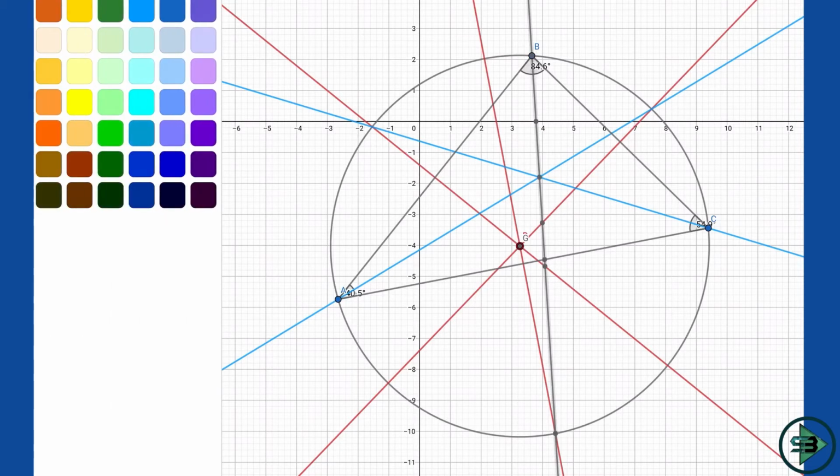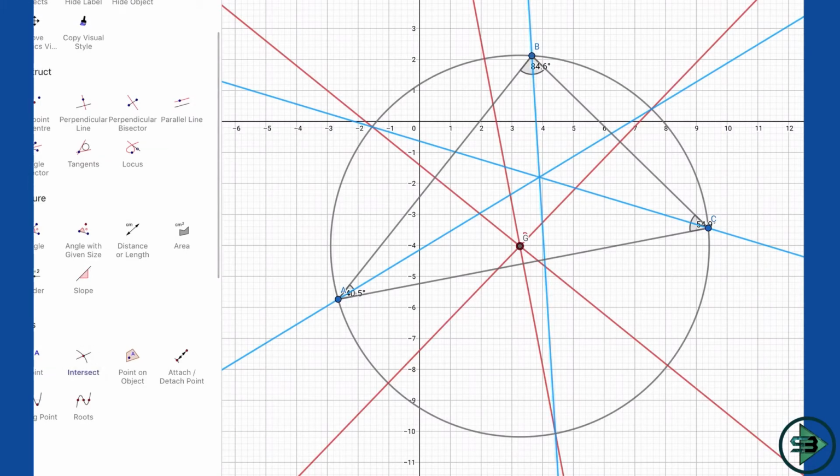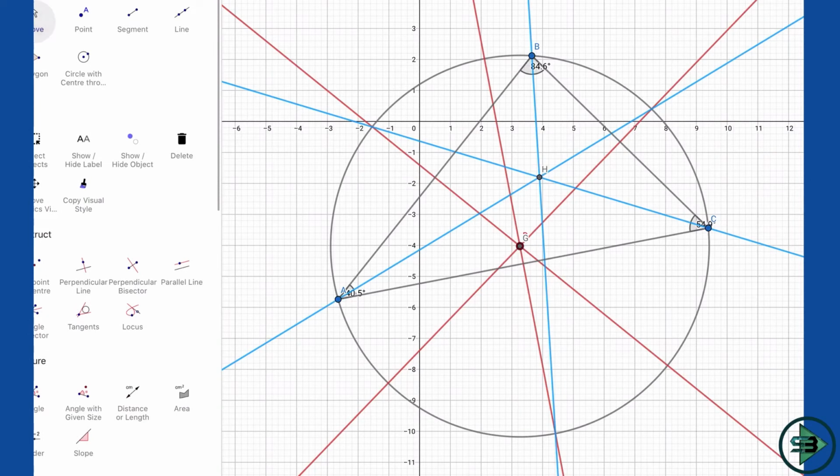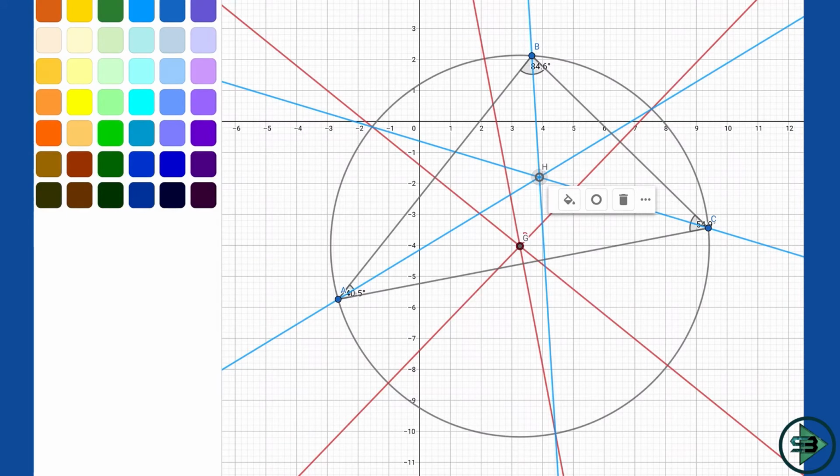So this will be blue again, and they are intersecting at a point. If you can see it here, they are intersecting at a point, and this will be my intersection point. So let's make an intersection point which is this, let's make it bigger, and put a blue color to this.